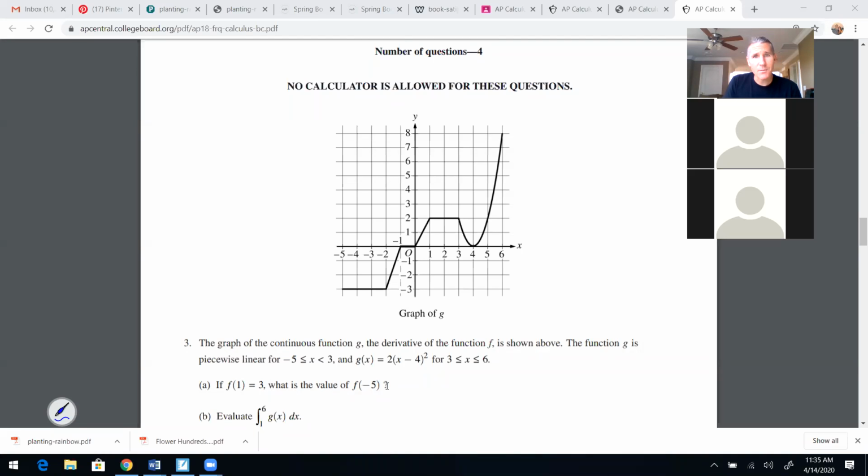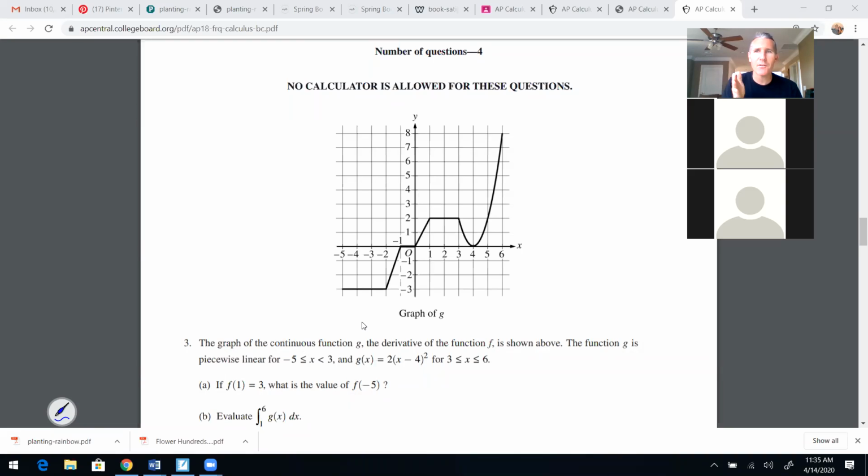Well, again, this is something like where you are is equal to where you were plus how much you've changed. f of -5 is equal to f of 1 plus the integral from 1 to -5 of g of x, because g of x is the rate at which f is changing, or the derivative of f. So anyway, they ask you that.